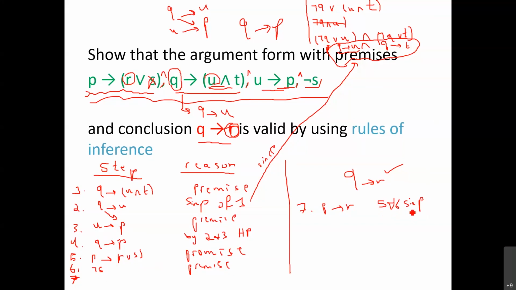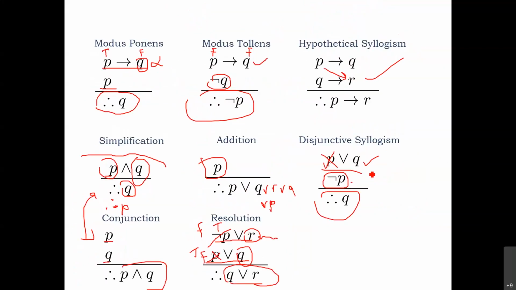Why do I have this? Well, what's P implies R or S? It's just not P or R or S. And I also have not S. Going back to the rules, this.